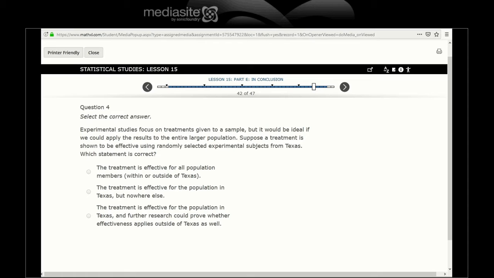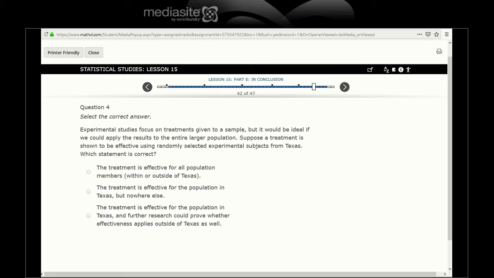Read them again. The treatment is effective for all population members within or outside of Texas. The treatment is effective for the population in Texas but nowhere else. The treatment is effective for the population in Texas, and further research could prove whether effectiveness applies outside of Texas as well.